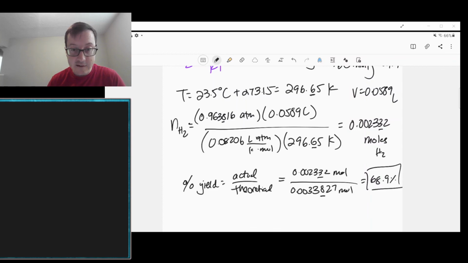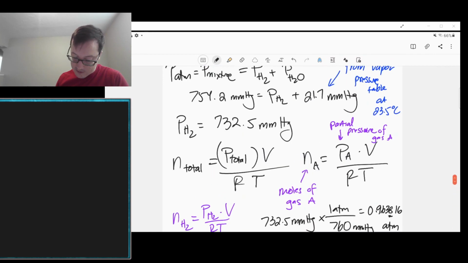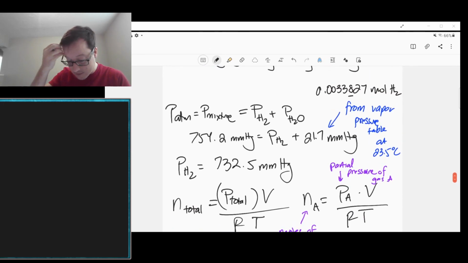So reality has that this is going to be a mixture that's produced. It's not pure hydrogen gas. There will be a small amount of water present there, and that small amount of water will still have an impact on our calculations. So the new stuff here is that we had to adjust from our total pressure, we had to subtract the pressure contributed by the unwanted gas, the gas that we didn't want to worry about calculating.